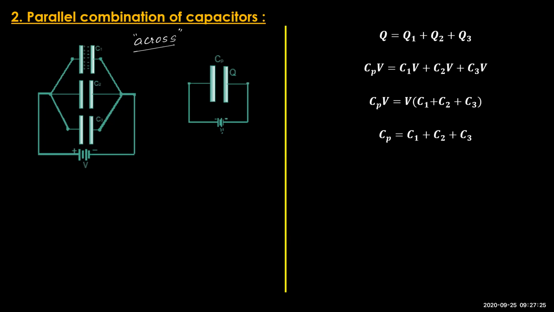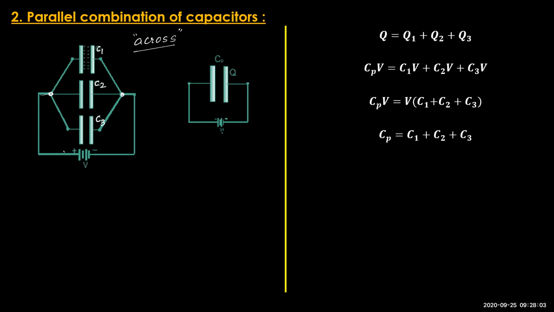Whenever we connect two or more capacitors one across the other, that makes the parallel combination of capacitors. Here also the three capacitors C1, C2 and C3 are connected in parallel, one across the other. The combination is connected to an external potential difference or a battery.